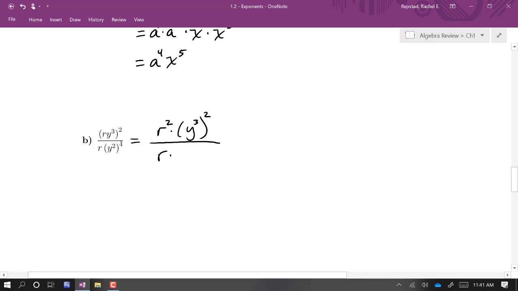Now, we can use that property that says if I'm taking an exponential expression like y squared and I'm raising that whole thing to a power, I'm going to multiply those exponents. We get y to the 8th. I'm going to do the same thing right here. So now up top we have r squared y to the 6th over r y to the 8th.